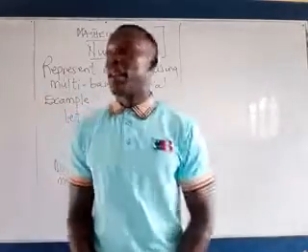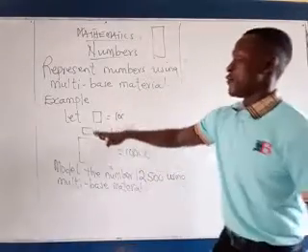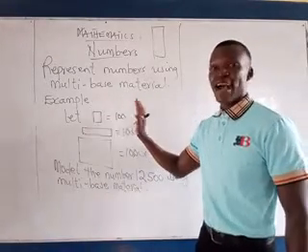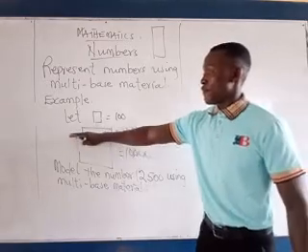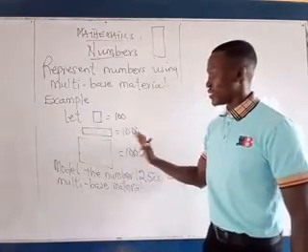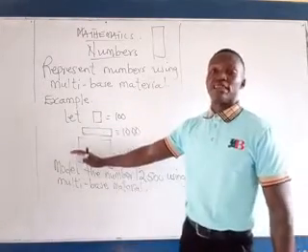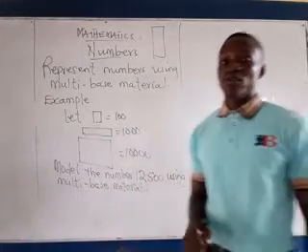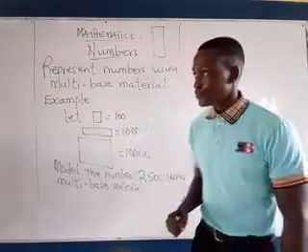Now, let's come back to our question. The question has given us: let 1 cube be 100, 1 straight edge be 1,000, then flat surface be 10,000.